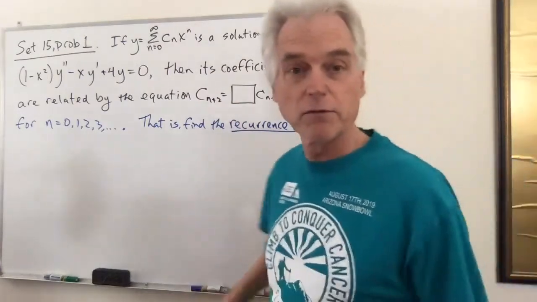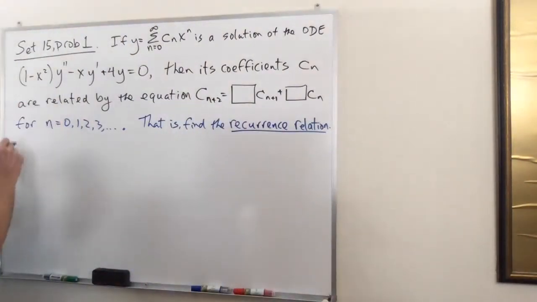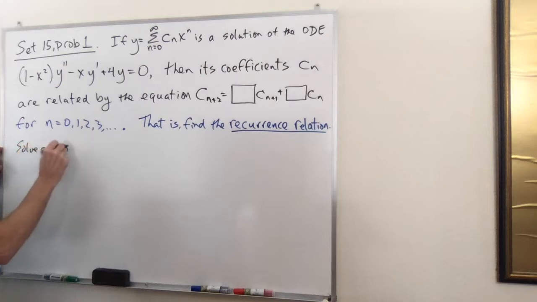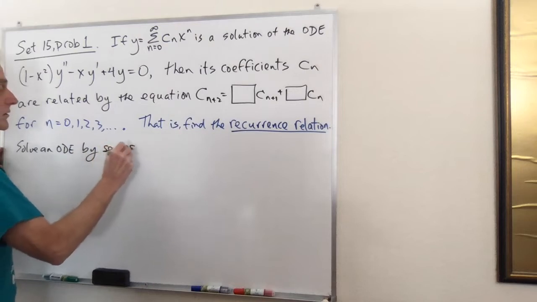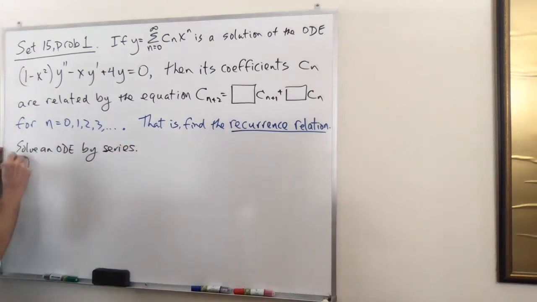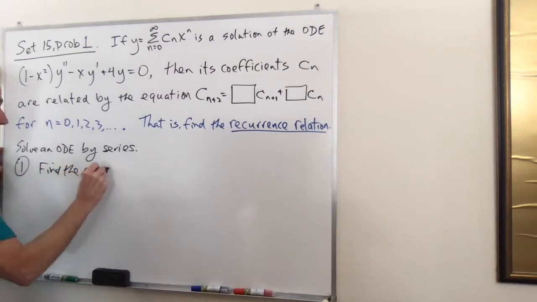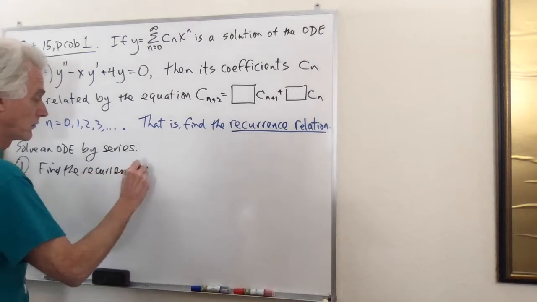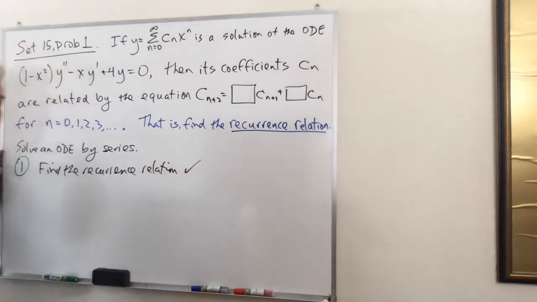And you might remember last time I talked about how to solve an ODE by series solution. Step 1 is find the recurrence relation. And that's what we're doing now.